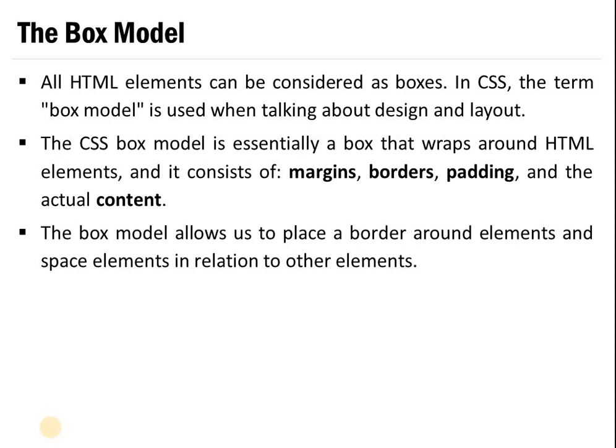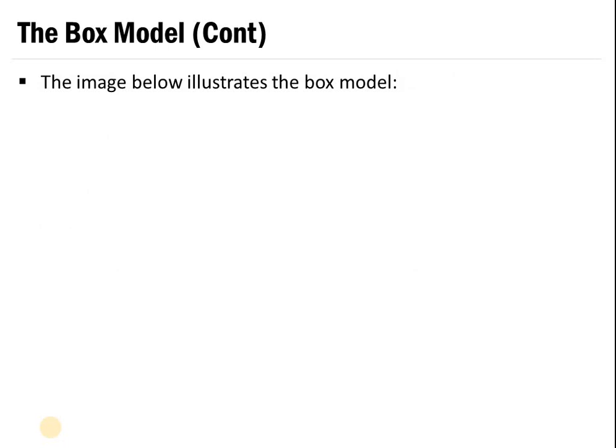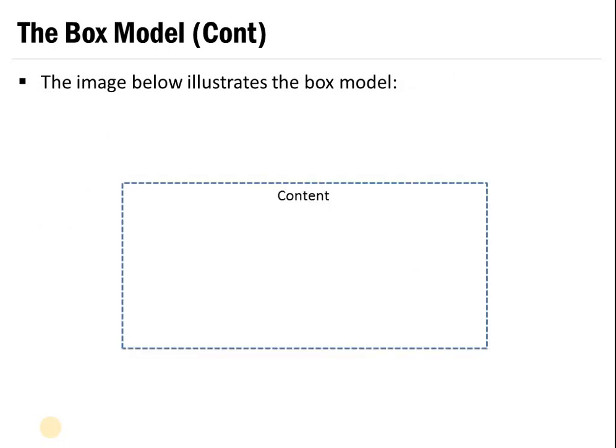This box model allows you to place a border around elements and space elements in relation to other elements also. So let's understand it using an image. This area represents your content.